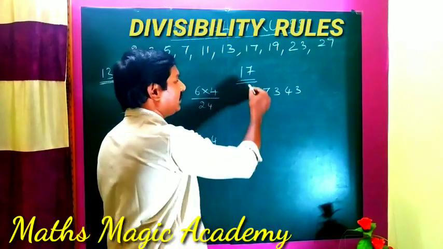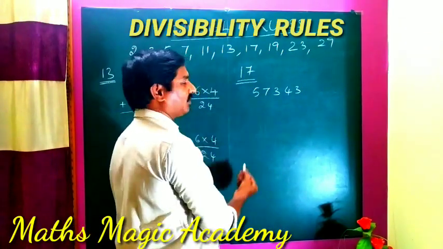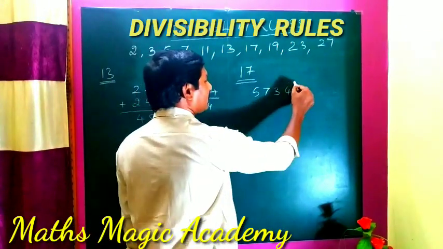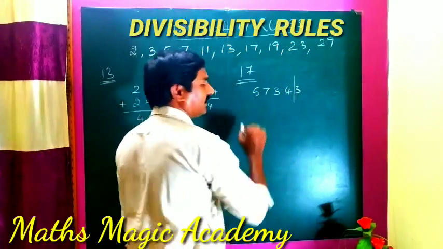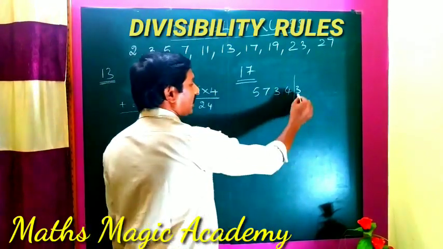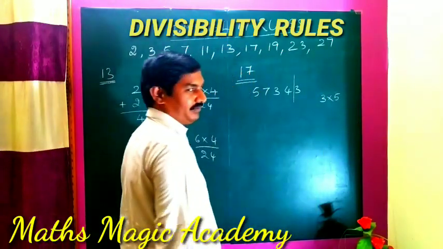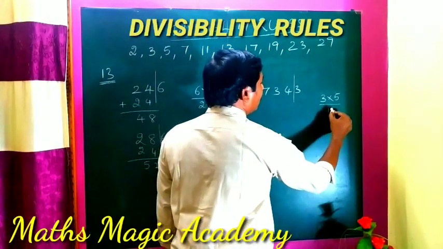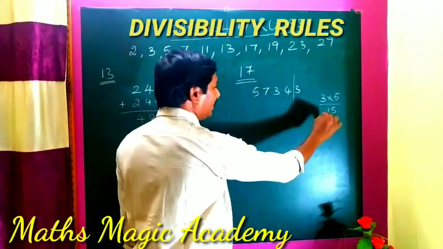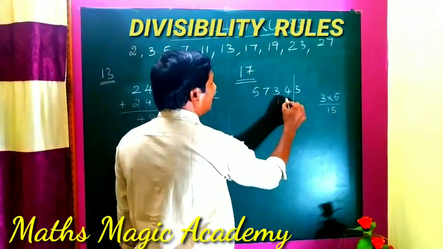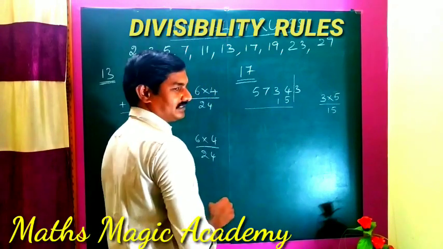Since I have taken a big number, we have to do a long process. Here also, in the same way, we take the last digit of the number and multiply it by 5. So 3 fives are 15. This 15 should be subtracted from the remaining digits.